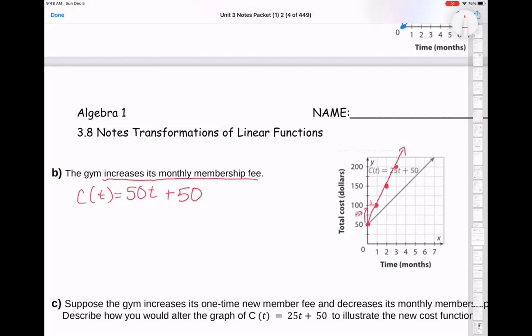We should expect to see it become more steep, right? Because our M value changed, it got larger there. And so our graph became steeper or more steep because our M increased. Our absolute value of M increased.